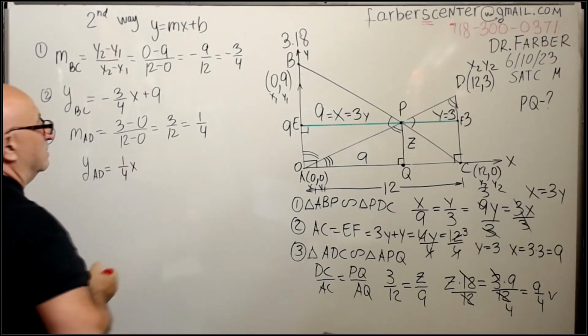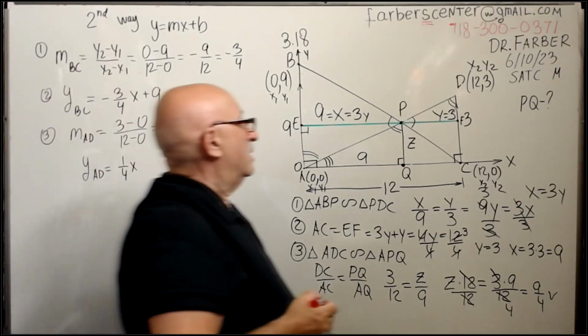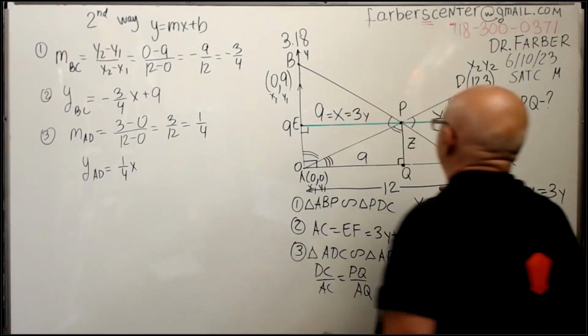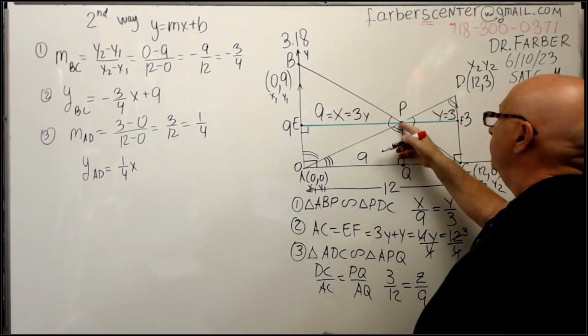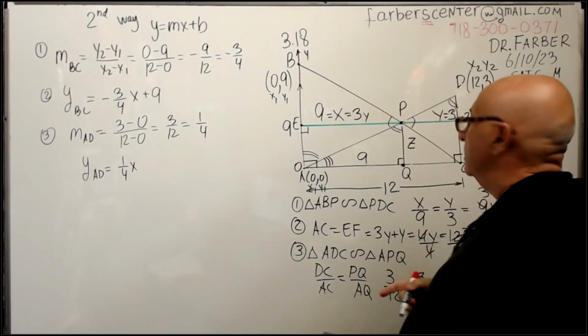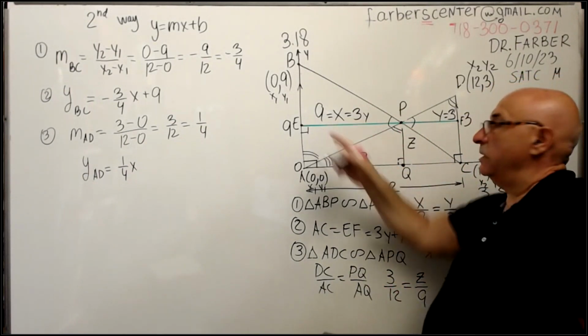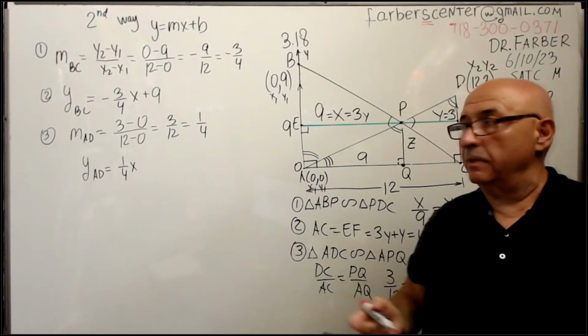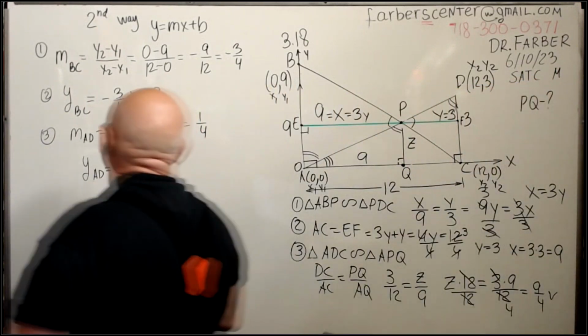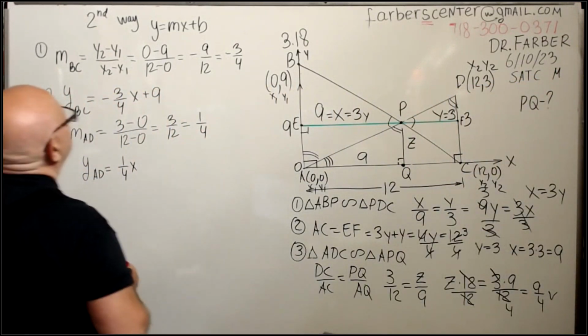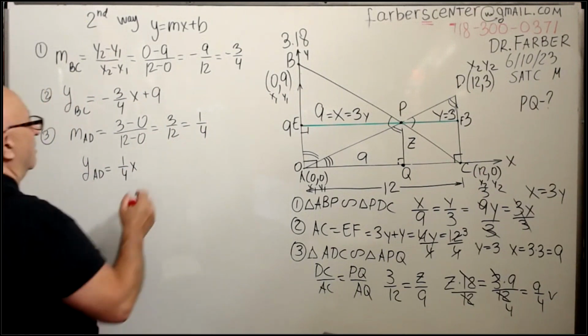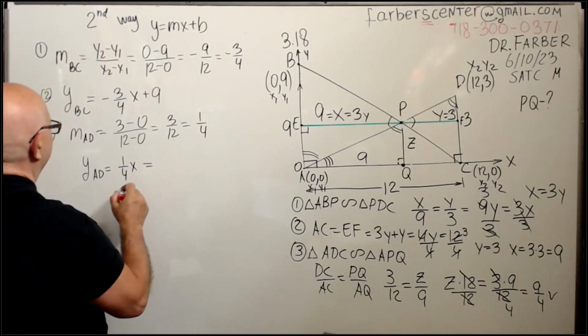That's it. Now, since they ask you to find z, what is z? You have to find the point of intersection of these two lines. Why? Because at this point, the x and y coordinates are the same. Simple idea. You can write this line equals this line.